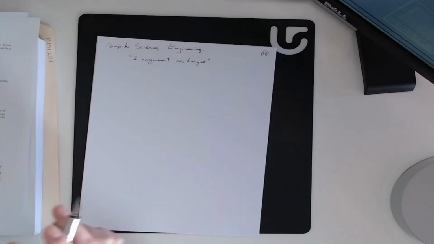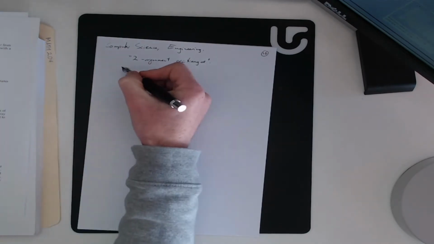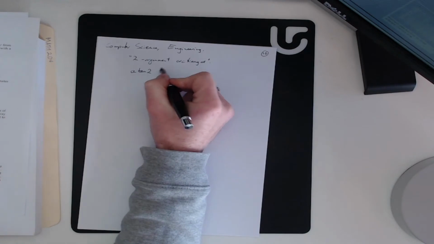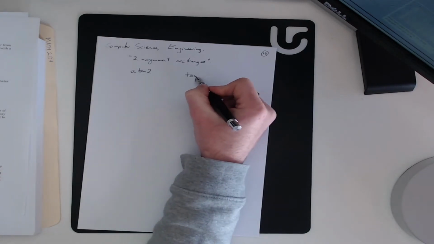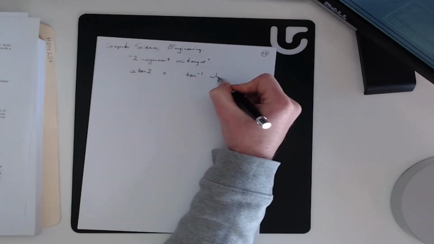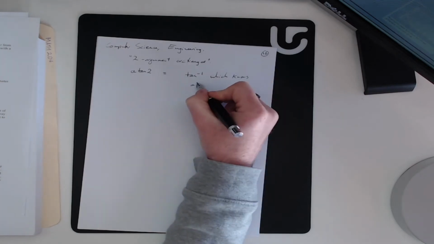So this is a function which is in a lot of programming languages and programming libraries. It's usually described as atan2. So this is basically tan inverse which knows about quadrants.